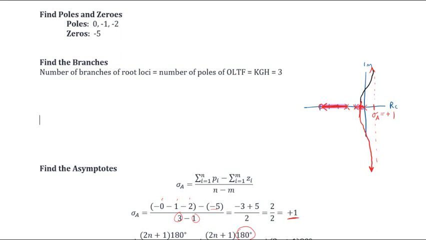So you can see that as K gets bigger, the poles are eventually going to go to the unstable side of the imaginary axis. So we've got to make sure that we pick a value of K that's kind of in this region right here, and I'll erase that in a second.